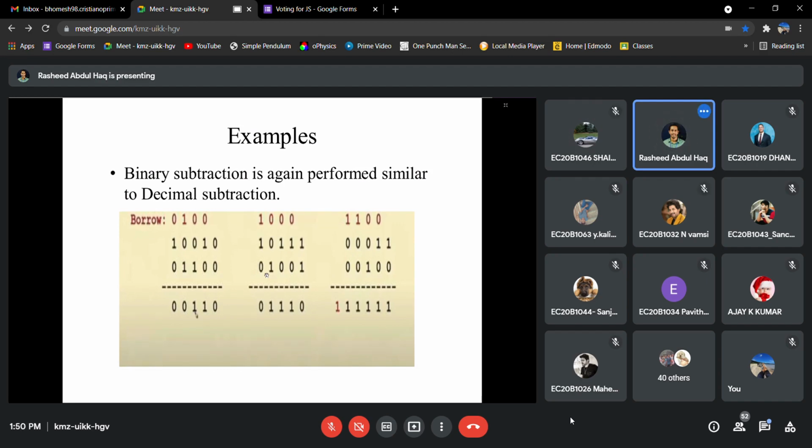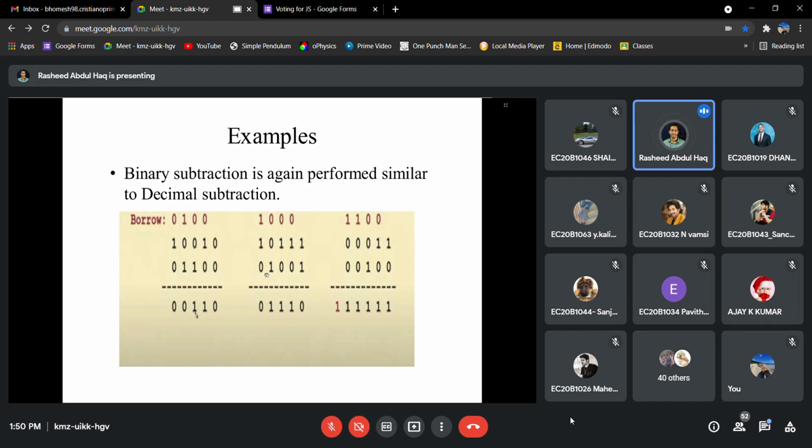In that, we are subtracting 1001 from 10111. So I'm explaining the middle one. Don't get confused. In the first one, 1 minus 1 is 0. We are using those 4 basic rules. Then the next one, 1 minus 0, the answer will be 1.